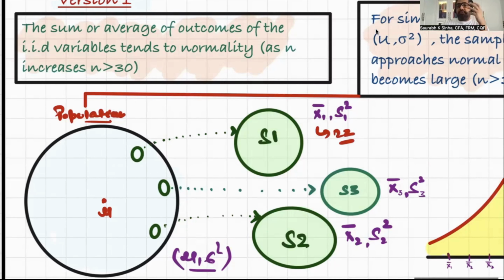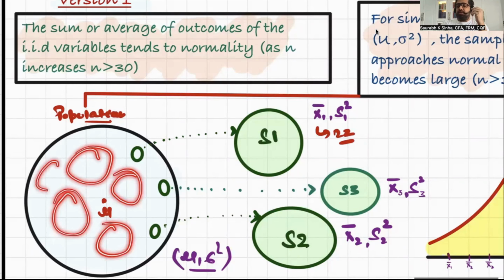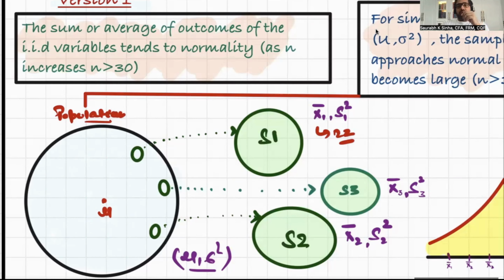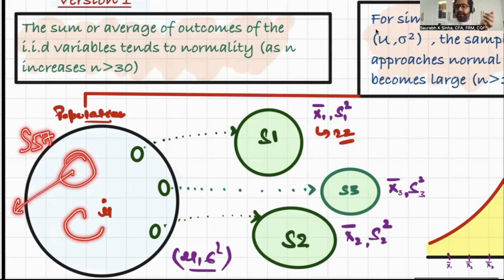The question is, if you keep on taking other samples randomly, will you not get 22 next time? Yes, you will get 22 next time as a sample mean for another sample. It could be sample 57. You could get the sample mean as 22 for sample, say, 104, right?